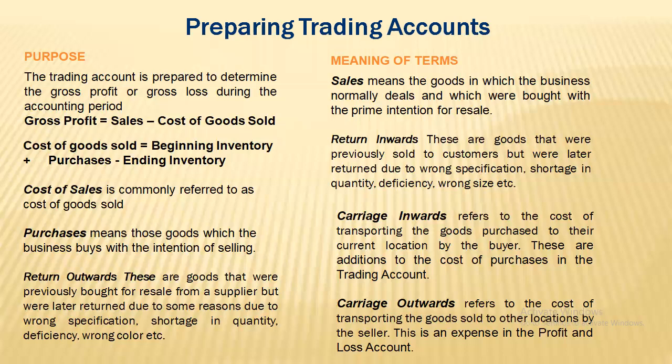An organization would use that money to determine the value of sales. So sales are goods that have been bought but have now been sold. The value of those goods that have been sold is what we refer to as sales.